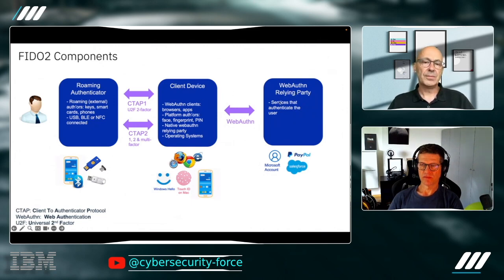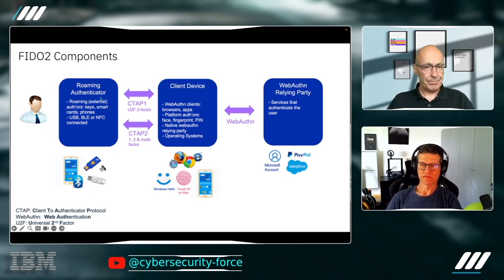So that's WebAuthn. And then, of course, if we're talking about security keys, which are also known as roaming authenticators, because you must bring that device, like a YubiKey, to your device, for example using USB typically, but it can also be Bluetooth or NFC.